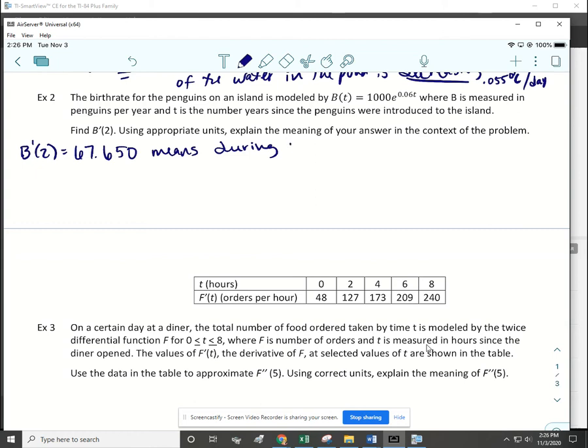So during the second year, all right, and then this whole function gives the birth rate of penguins. So we would say the birth rate of penguins. I'm spelling penguins wrong.